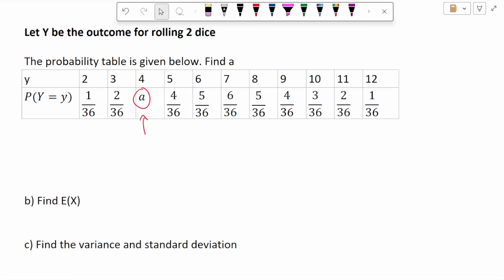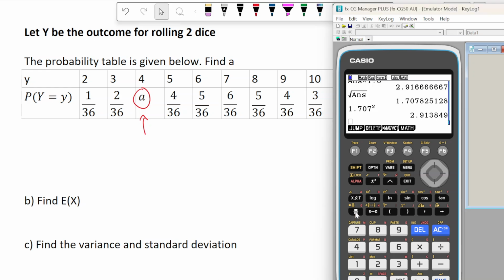One way that you can do it, and the way that you'd be expected to do it in an exam, is you need to use the fact that it's a PDF. So if you actually add up all these fractions, leaving the A blank, 4 out of 36, plus 5 out of 36, plus 6 out of 36, 7 out of 36, no, 5 out of 36.